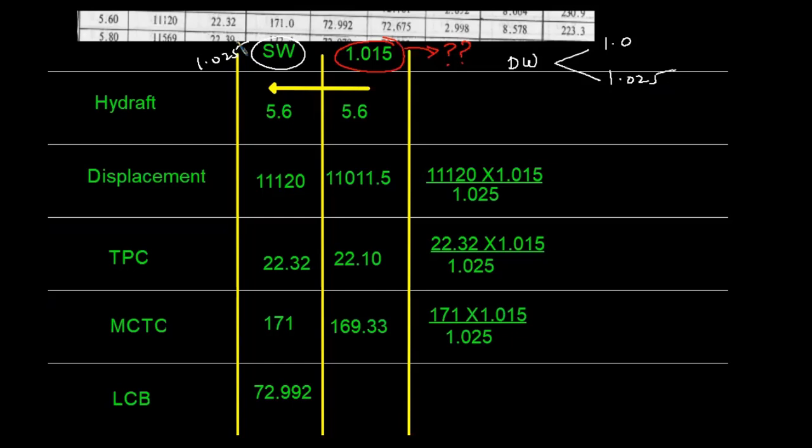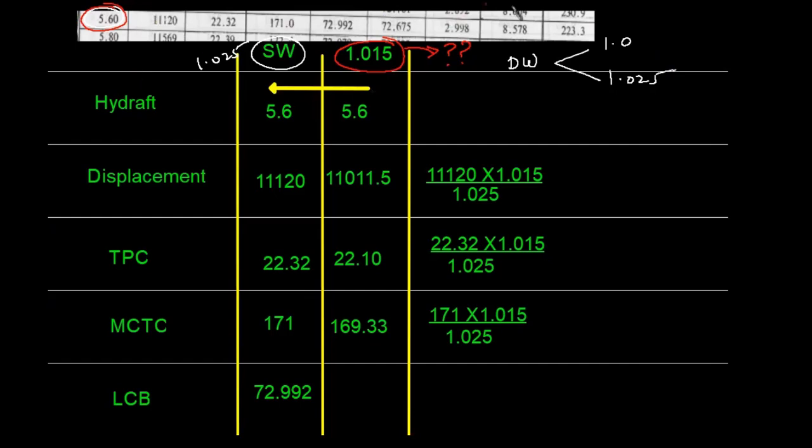We need to really understand the entire basics of stability, and since you have already done it, I'll go easily. Suppose it is given as 5.6. I'm saying my ship's draft is 5.6 in dock water.